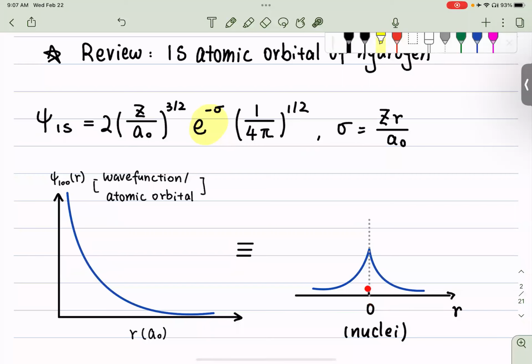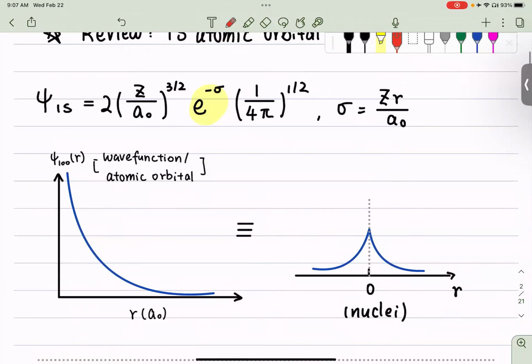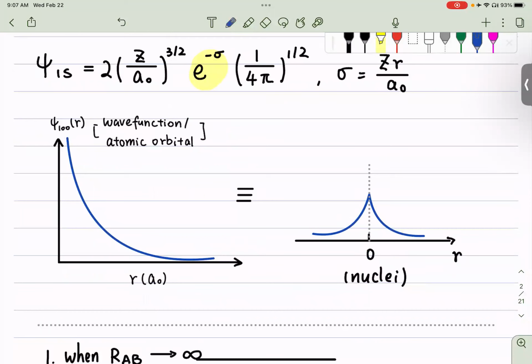If we put the nucleus in the center, it is a spherical shape, so the wave function will look like this. Or, to put it another way, sometimes you can also just draw a circle that resembles the 1s atomic orbital.